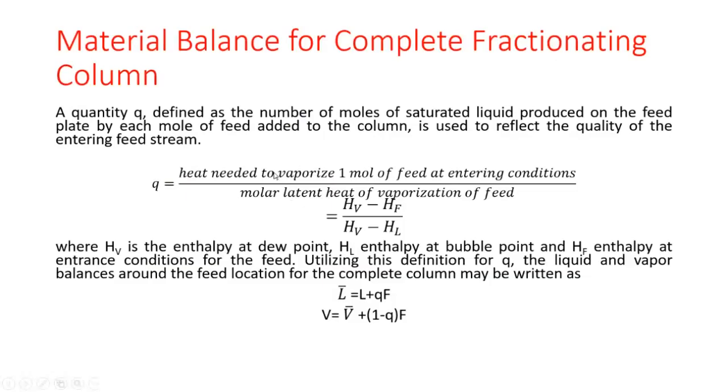For doing material balance for the complete fractionating column, a quantity Q is defined as the number of moles of saturated liquid produced on the feed plate by each mole of feed added to the column, and it is used to reflect the quality of the entering feed stream.